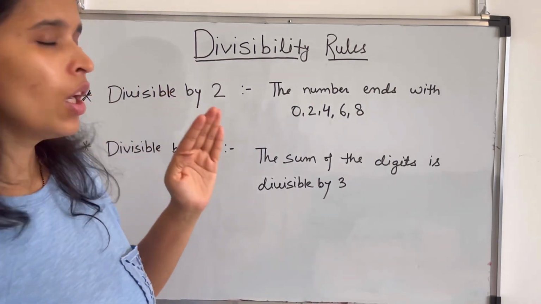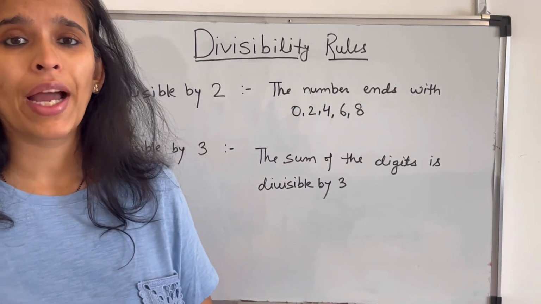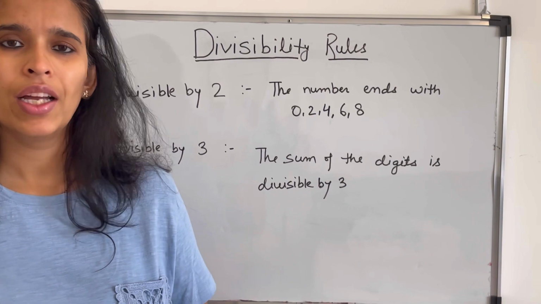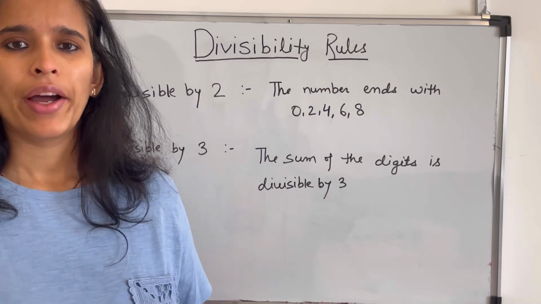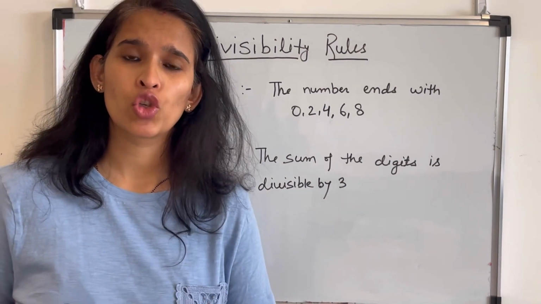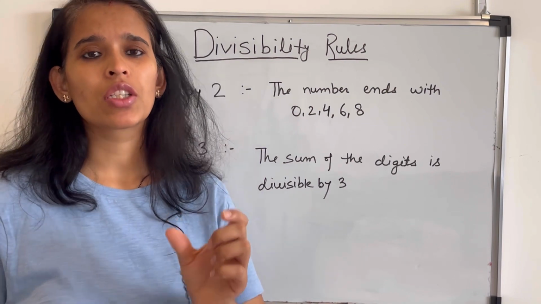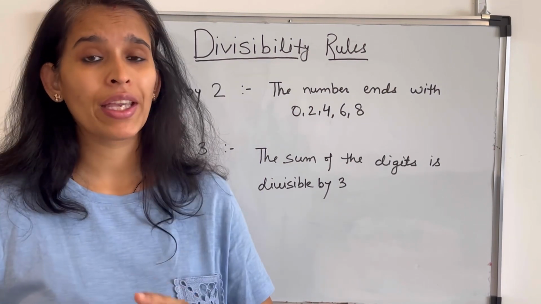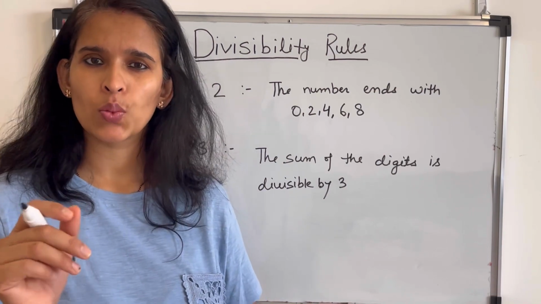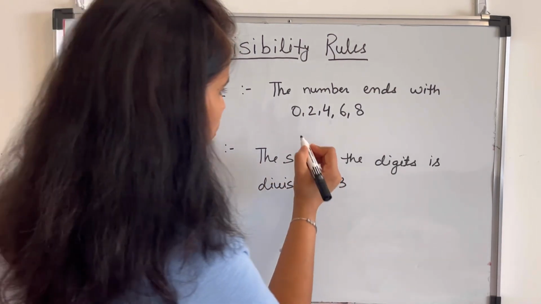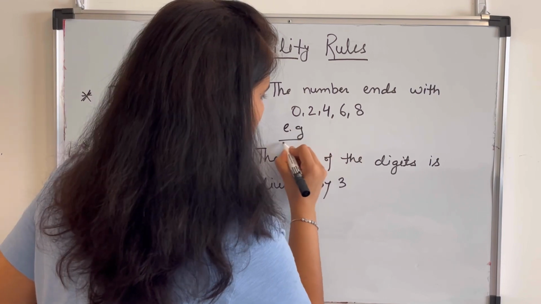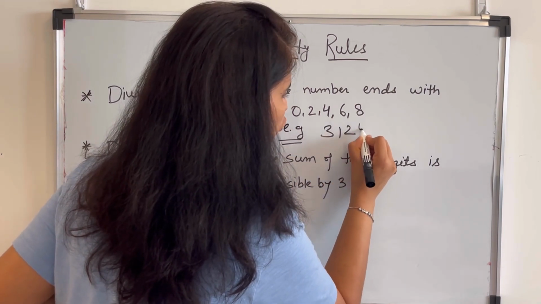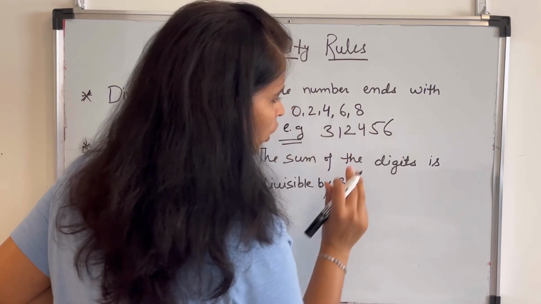So first, divisible by 2, or we can say the divisibility rule of 2. A number is divisible by 2 if it ends with 0, 2, 4, 6, 8, or we can say that a number has that in the ones place. Suppose I take an example here, 312456, what will we check?